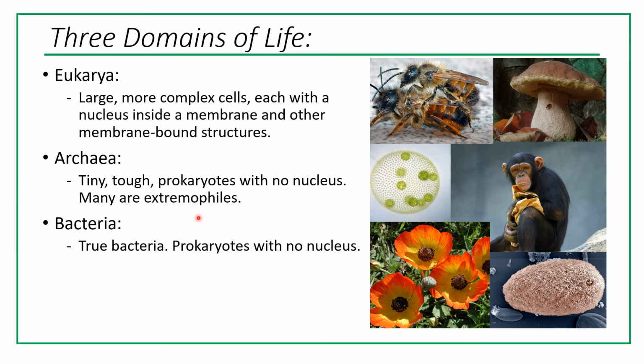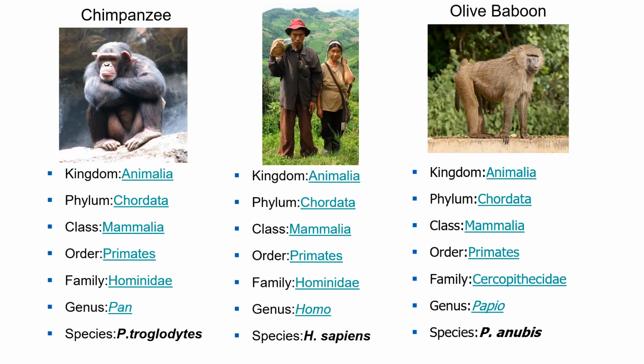Many are extremophiles, so they live in very harsh environments, too hot, maybe too salty, lots of sulfur, and so on. Bacteria are true bacteria, prokaryotes with no nucleus, found pretty much everywhere where life can possibly exist.